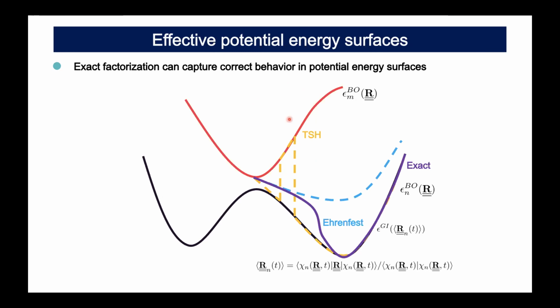Trajectory surface hopping makes a choice among the potential energy surfaces: we choose one single surface depending on random numbers, along with the non-adiabatic coupling vectors. And Ehrenfest follows the mean field potential. Then, based on the exact factorization, we can analyze the exact surface. And what the exact surface shows is this: after this non-adiabatic coupling region, we have some mean field potential here.